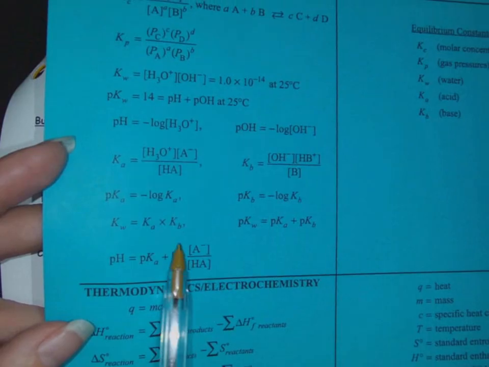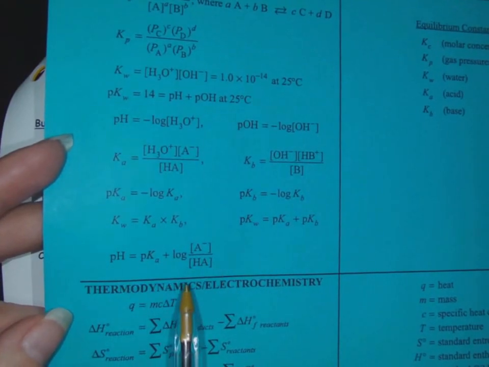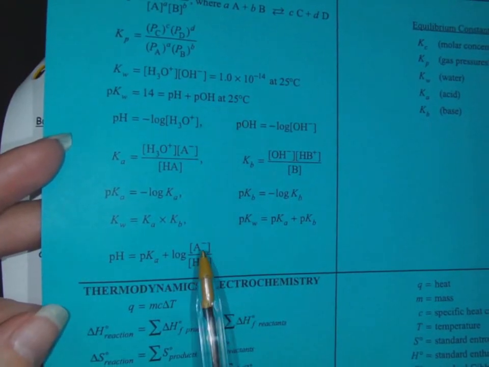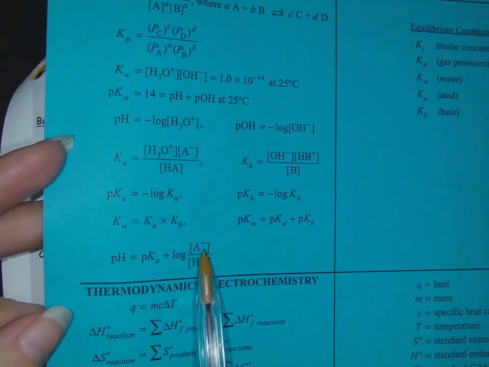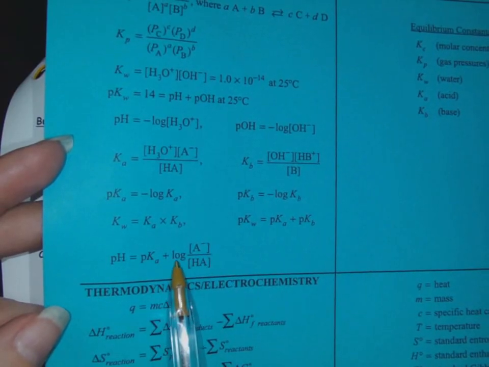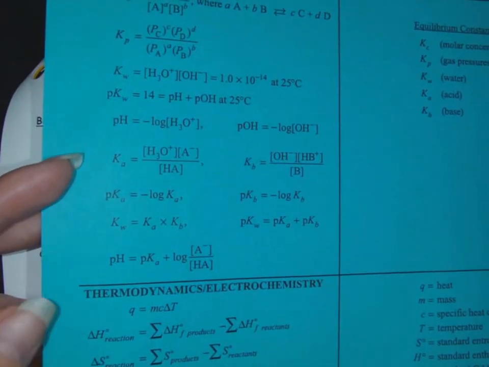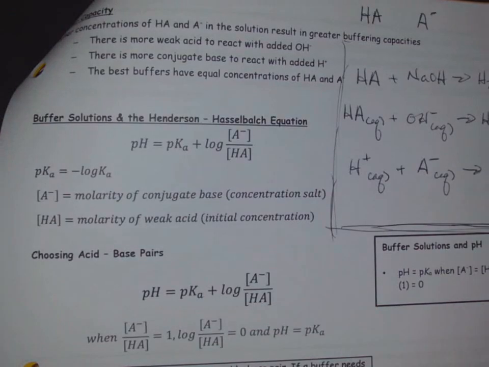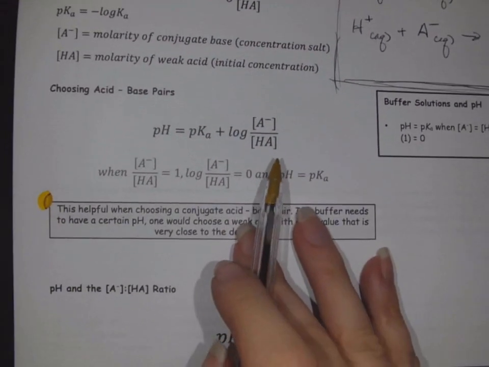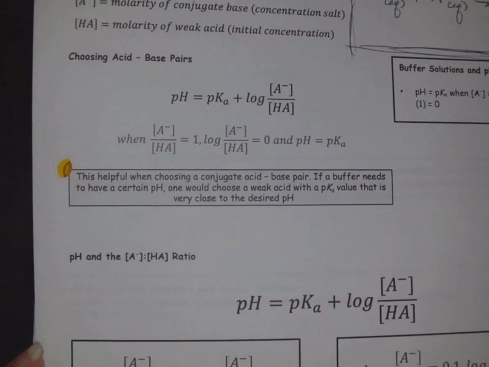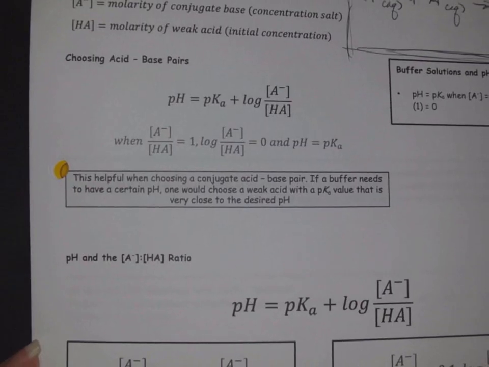This also is an equation that works for just weak acids in general. If you can solve for the concentrations of these things, plus the log of those concentrations, and then we add that to the pKa, you can get our pH values that way. So let me write an equation.